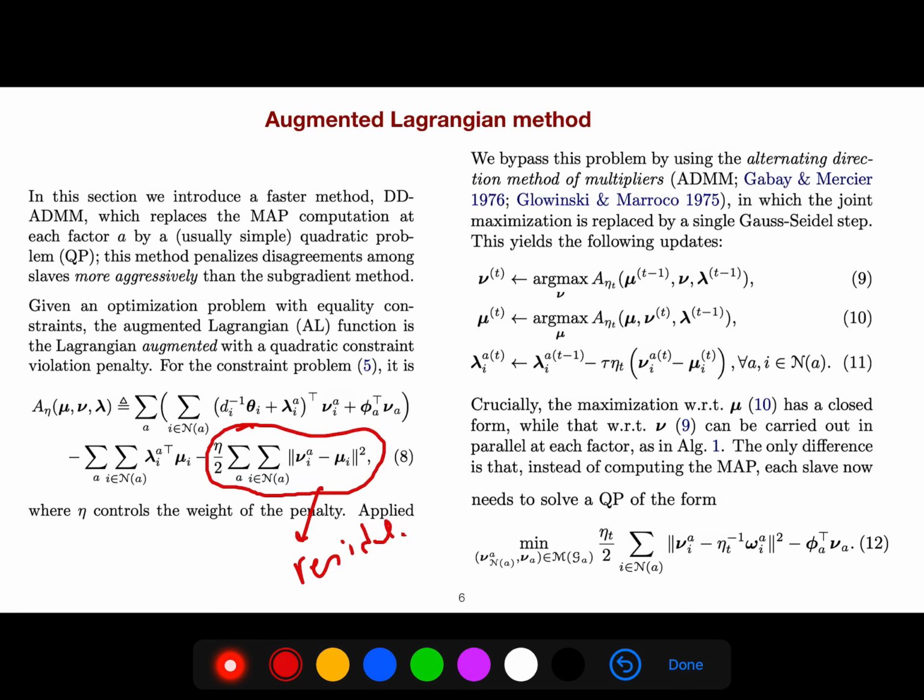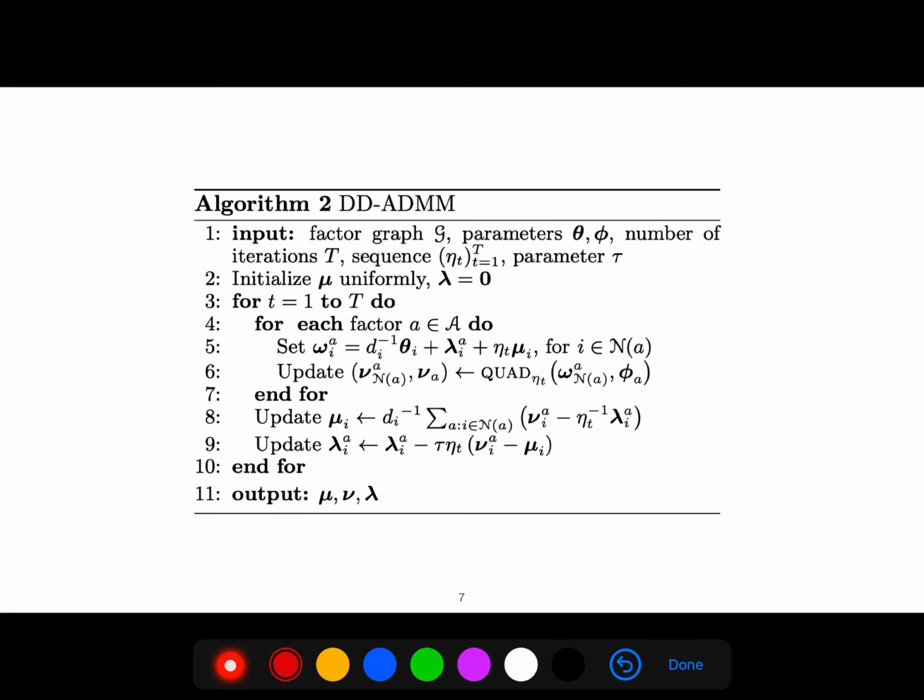And we solve this problem with the mu and lambda and the dual variables. We solve the quadratic problem of this form. And this is the algorithm for ADMM.